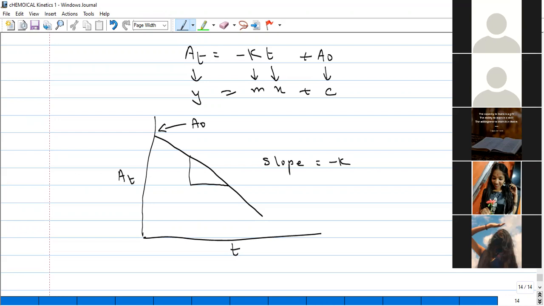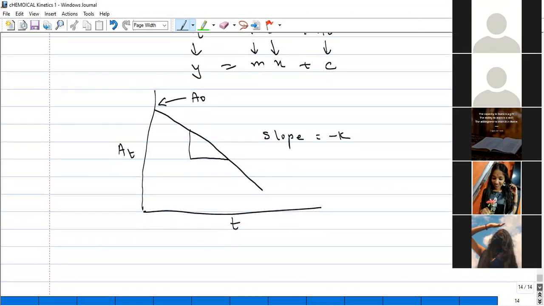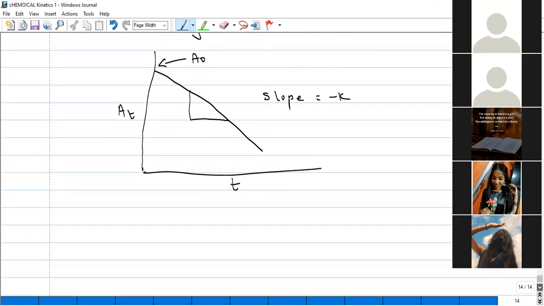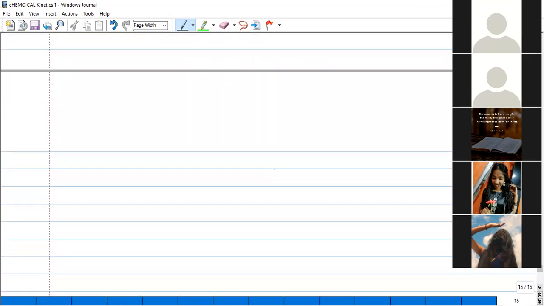Now we see the next topic, pseudo first order reaction. What does pseudo mean?